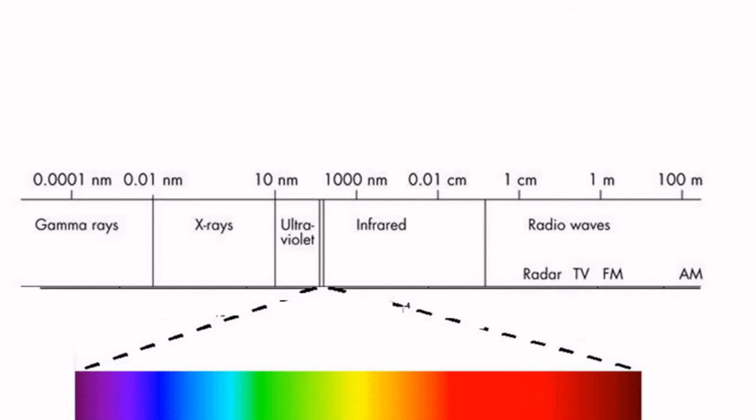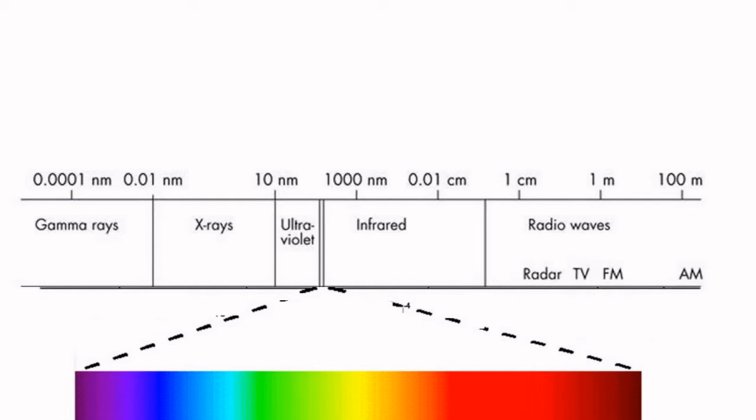To the left side, wavelength decreases. Visible light is in the range of 400 nanometer to 800 nanometer. The violet, indigo, blue side is at the 400 nanometer range, and the red side is at the 800 nanometer range.